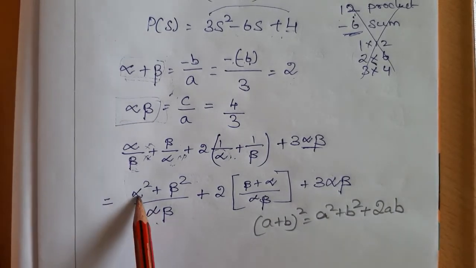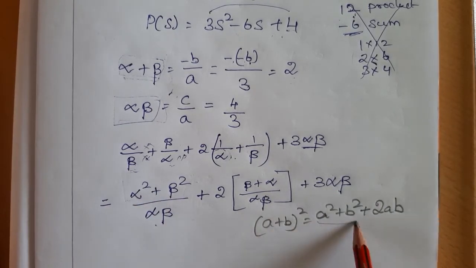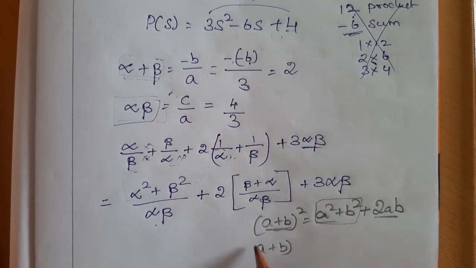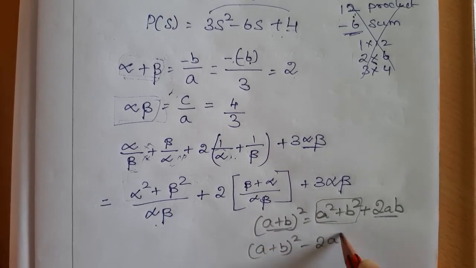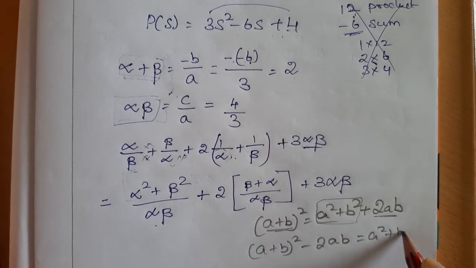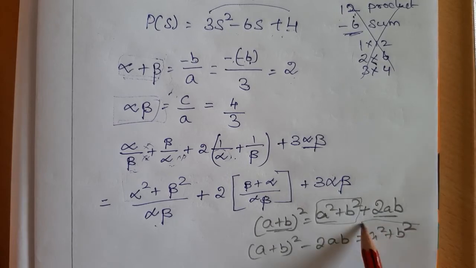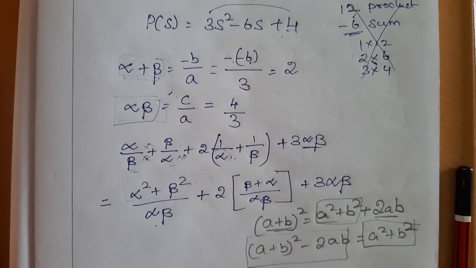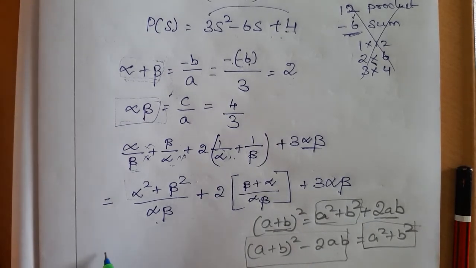You can see it has a square plus b square, and the rest is in terms of a sum and a product. Let me bring this to the other side. It will become a plus b the whole square minus 2ab is equal to a square plus b square, right? So instead of a square plus b square, we can use this identity, in which we only have a sum and product, right?